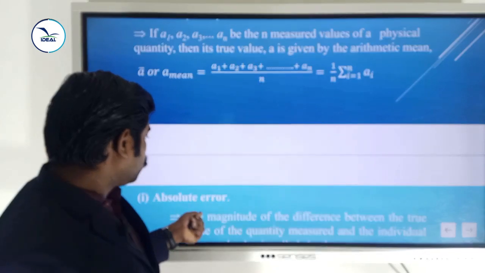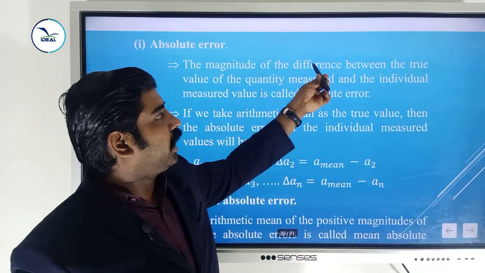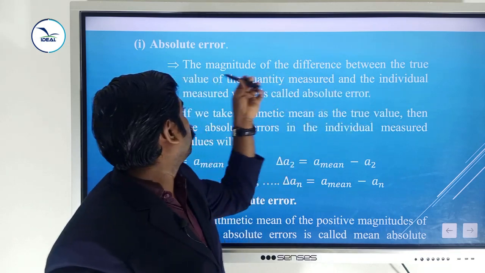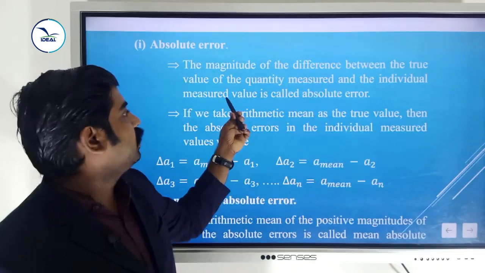First, we consider the absolute error. It is the magnitude of the difference between the true value of the quantity measured and the individual measured values.